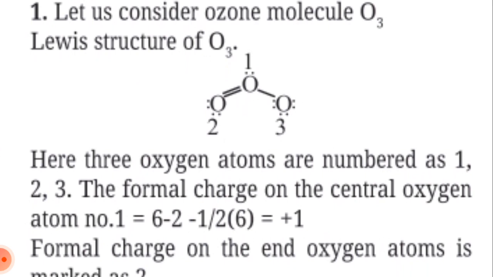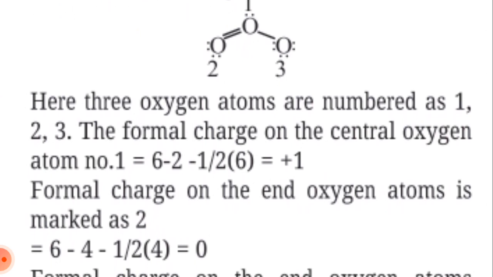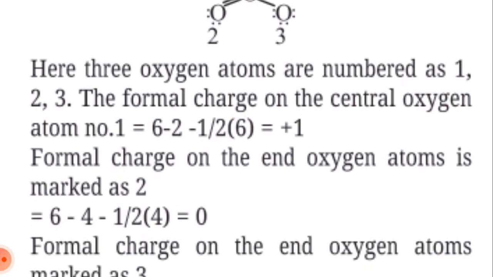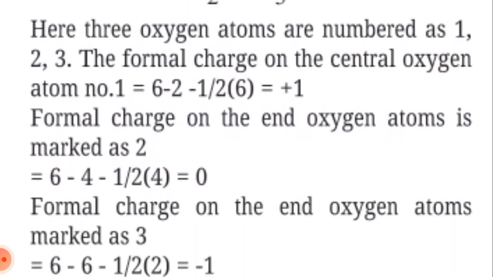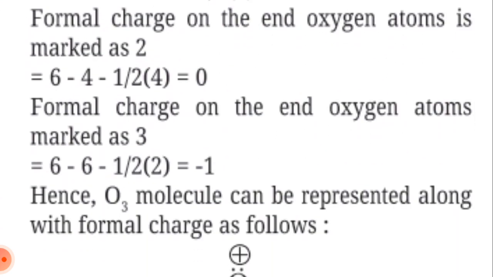First, let us consider the ozone molecule O3. Lewis structure of O3: O double bond O single bond O. Here the three oxygen atoms are numbered as 1, 2, 3. The formal charge on central oxygen atom number 1 is equal to 6 minus 2 minus 1 by 2 multiplied by 6, which is equal to plus 1.